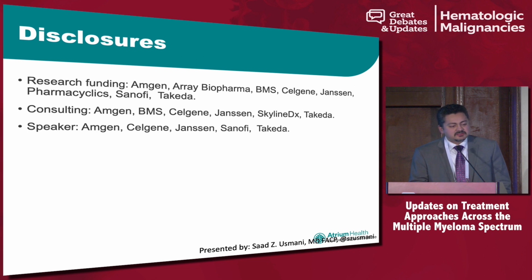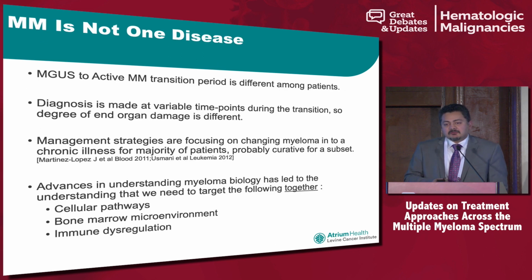These are my disclosures. I'm going to start off by making a couple of different statements to set up the stage, and you're going to see this theme throughout the talks that you hear. The first and foremost important one is myeloma is not one disease. We've started to recognize that the natural history of certain subsets of myeloma are different, and we've started to think about designing clinical trials based on that information.